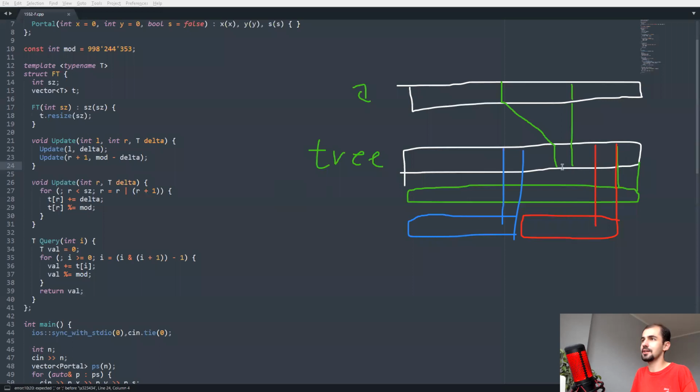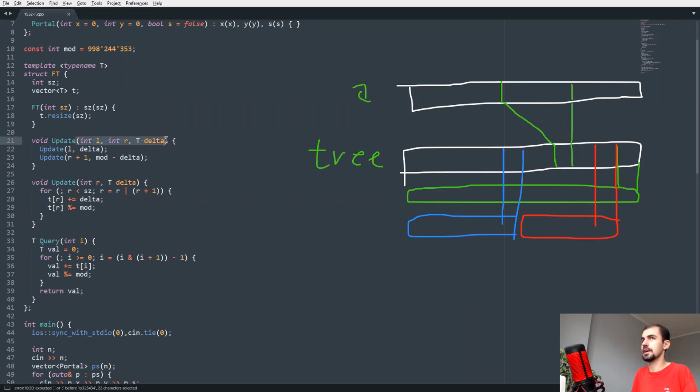And then to query some elements, you will need to represent, again, an element is a segment of range of length 1. By combining several segments, you can get longer segments, and to get some segments in between, you may need to take the difference.